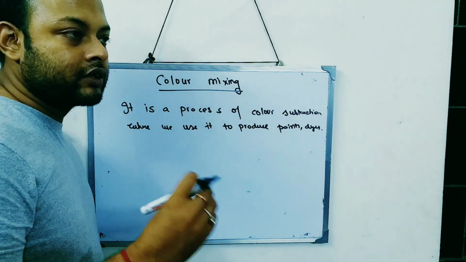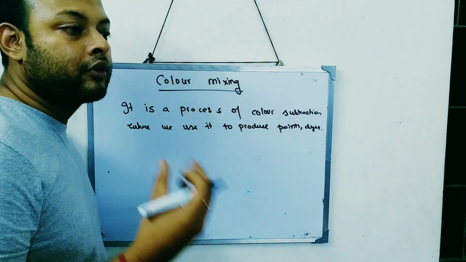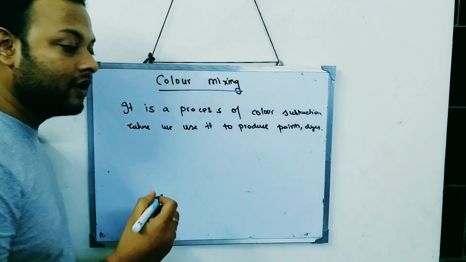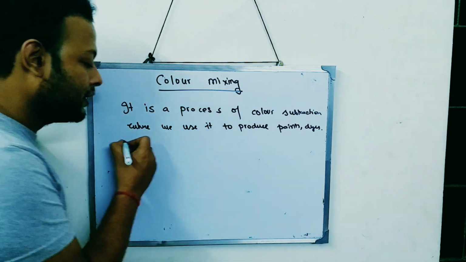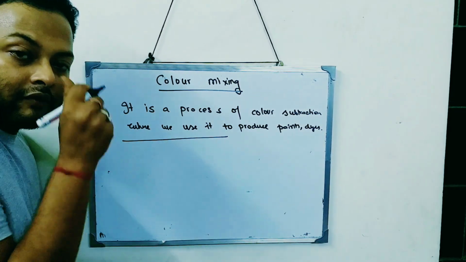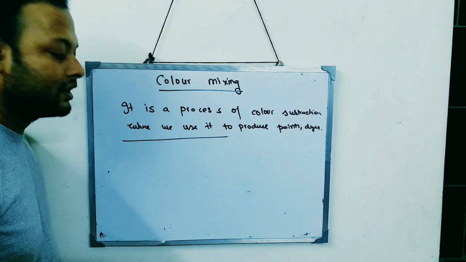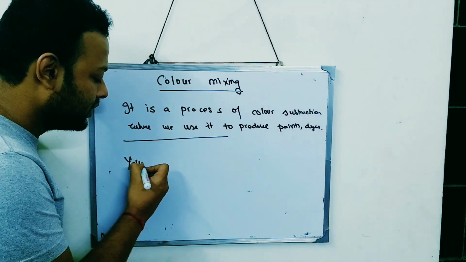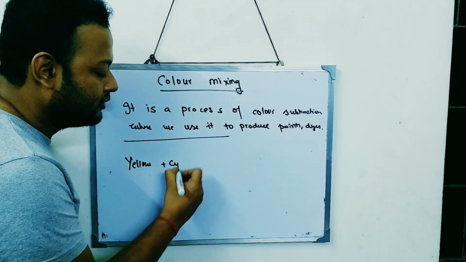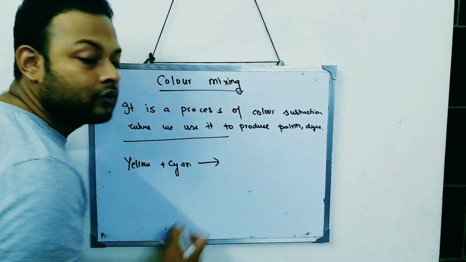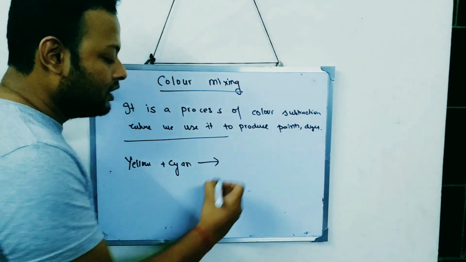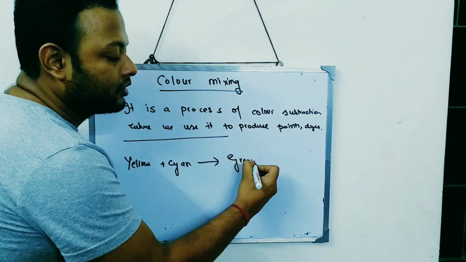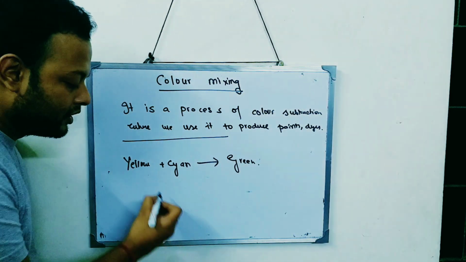Now see, if I want to produce a green paint, what should I do? I will mix a yellow color and a cyan color. If I mix yellow and cyan, the resultant I will get is green.